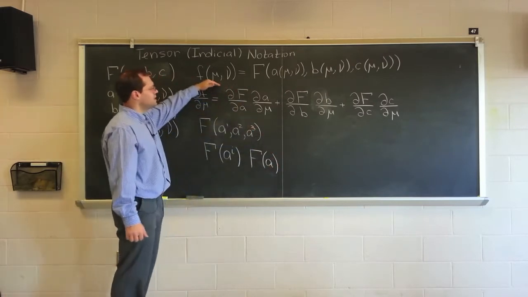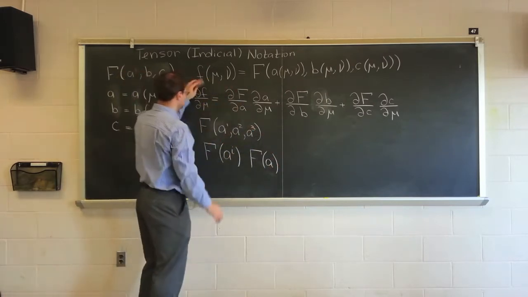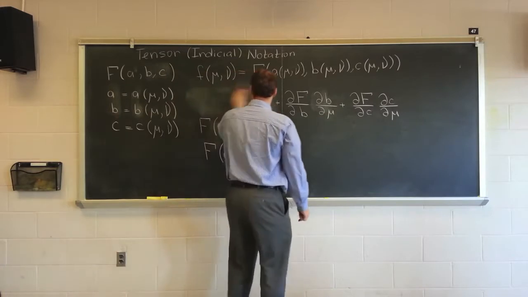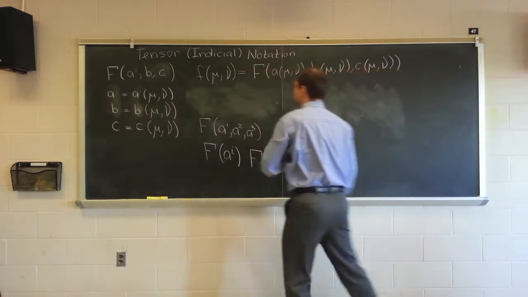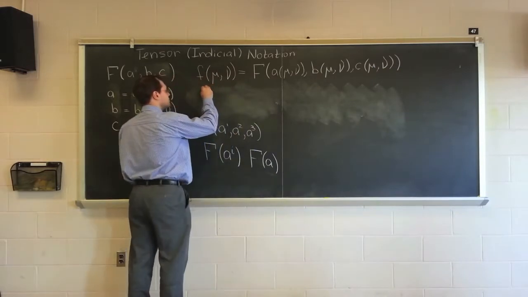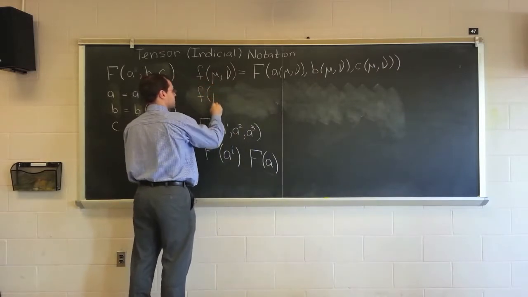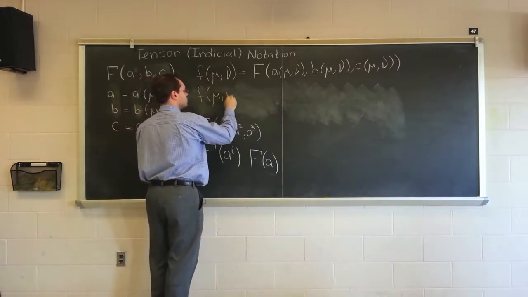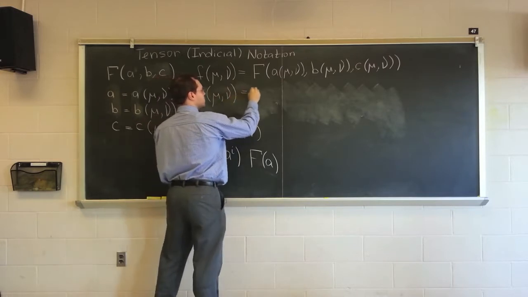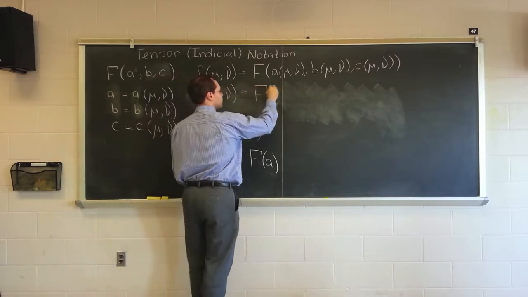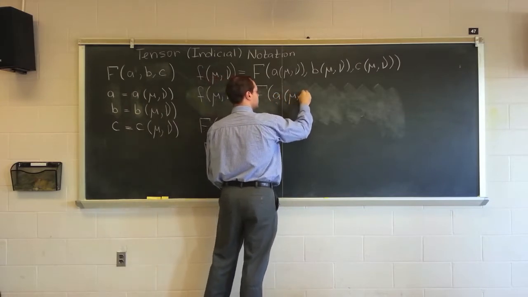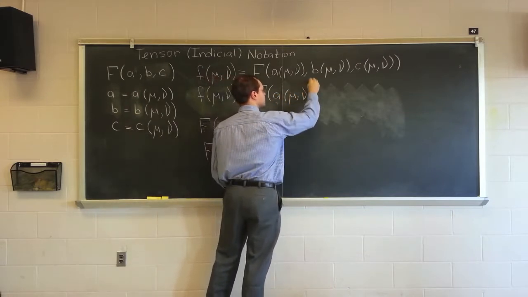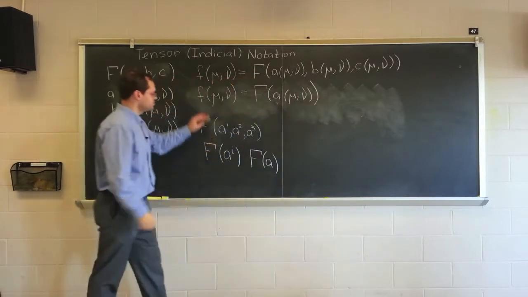So now the combined function, let me erase this. Now the combined function f of mu can be written as f of a of mu and mu. So already a little bit more compact.